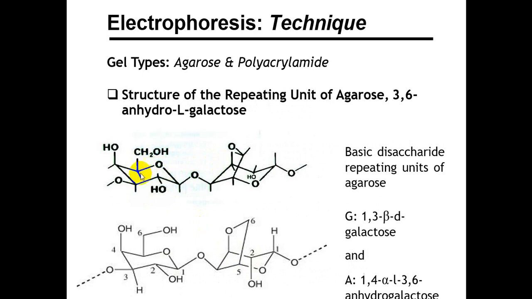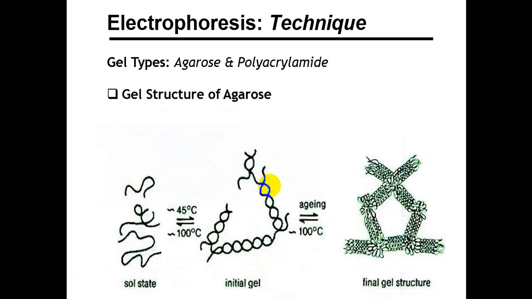We have one here, one here, one here, one here, and it's formed of 1,3-beta-D galactose and 1,4-alpha-L 3,6-anhydrogalactose. This is agarose gel. So this is the gel structure.